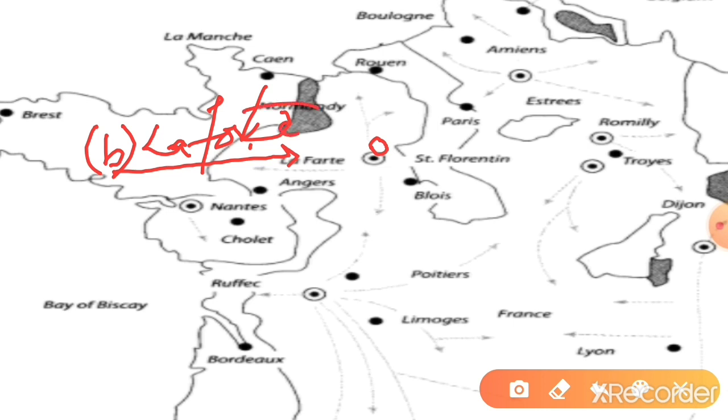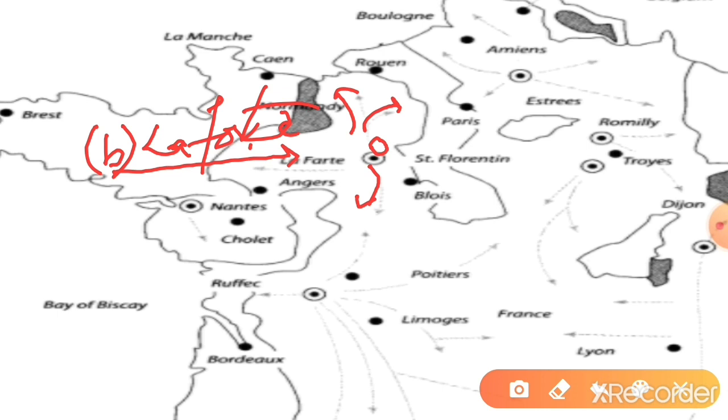Now we are showing the epicenter. So we need to show the regions to which the Great Fear has spread from La Forte. So here I'll draw one arrow over here, and one more. So from La Forte, it has spread to these three regions.